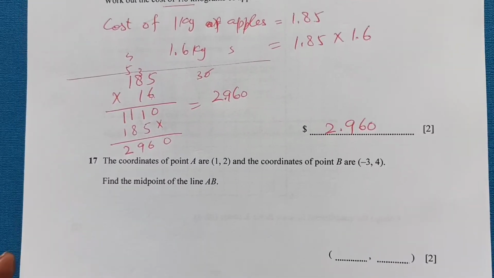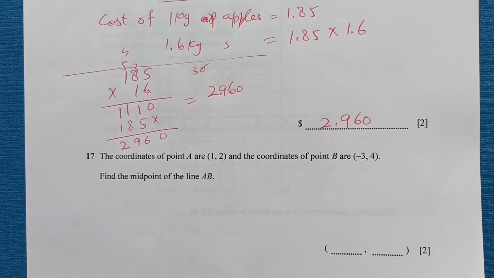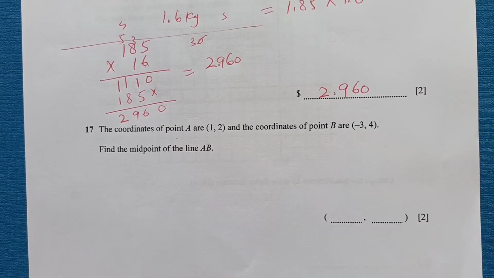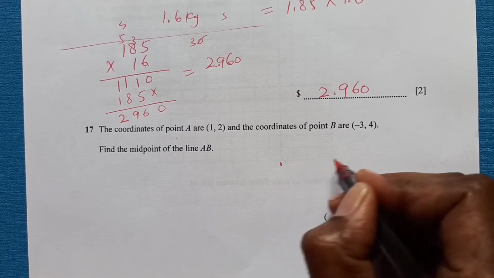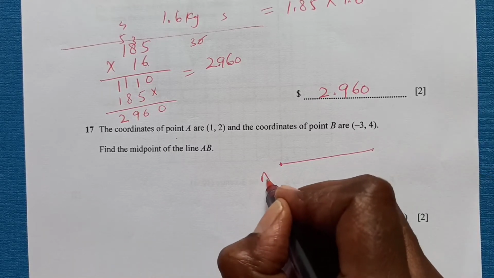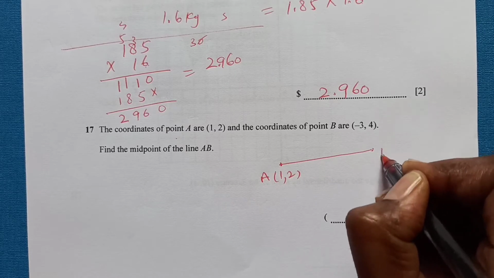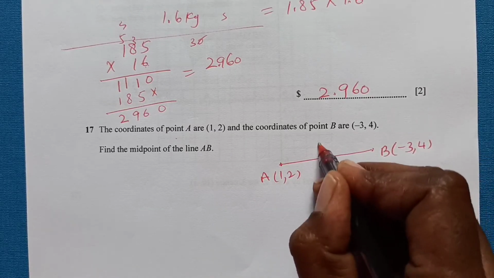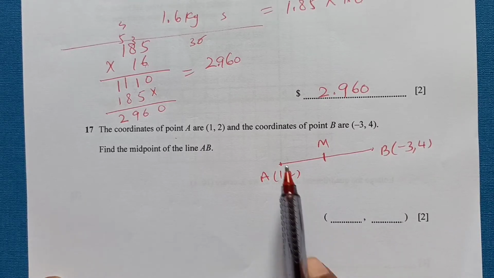Question number 17. The coordinates of point A are this and the coordinates of point B are this. Find the midpoint. I can just draw a rough diagram. This is A, which is (1, 2), and this is B, which is (-3, 4), and we are looking for the midpoint. Let's say this is M. It is the middle value.